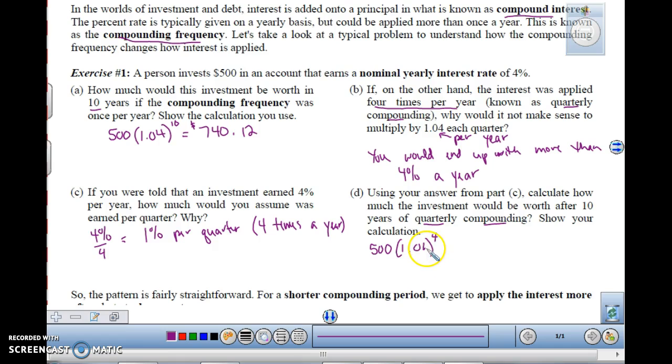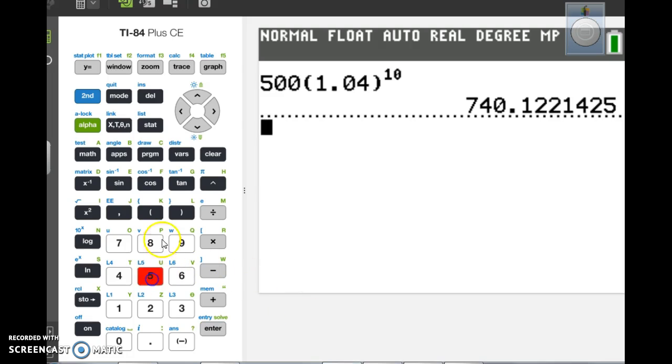And if it was done over 10 years, it would be 4 times a year for 10 years, 4 times 10. So this is the number of times it's compounded, and it's 1%.